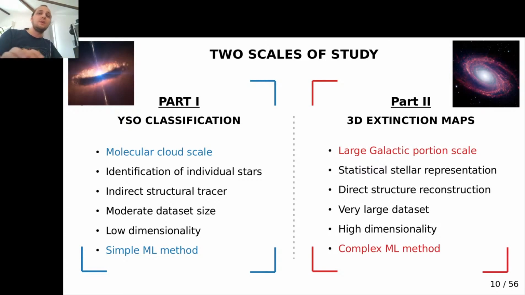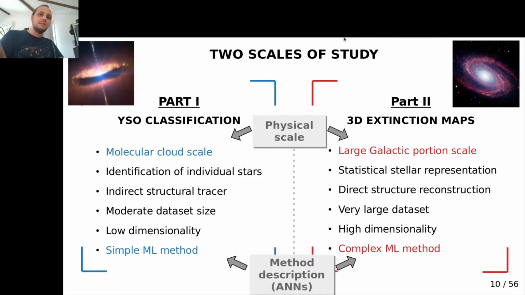And in this part, we have much more direct structure information about the Milky Way, and we will need a large dataset, high dimensionality, and obviously much more advanced machine learning methods. And you can see that splitting this presentation in two parts allows us to both separate the physical scale and the method descriptions toward simple and then more advanced methods.